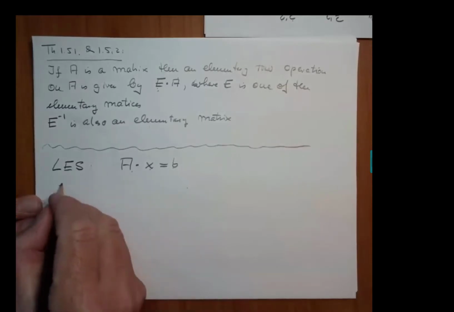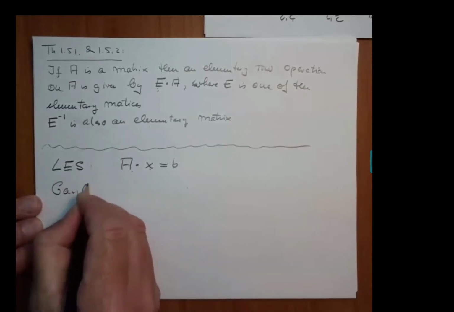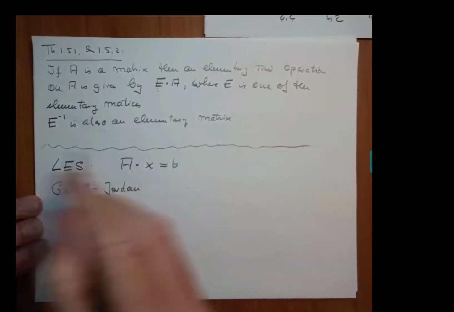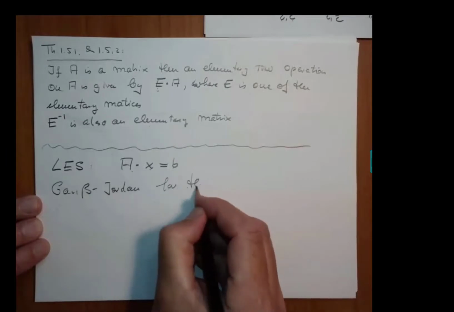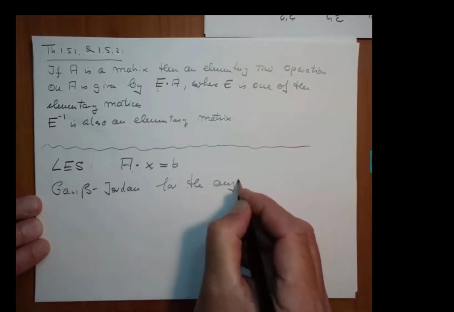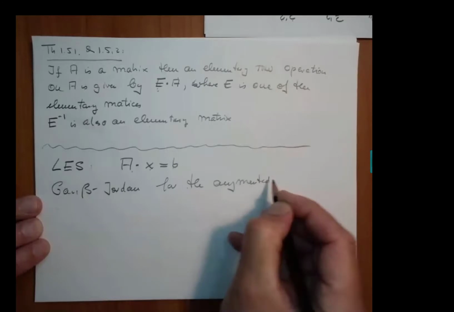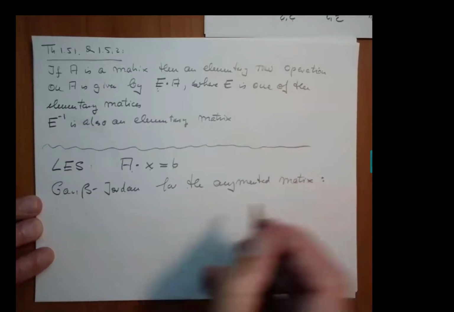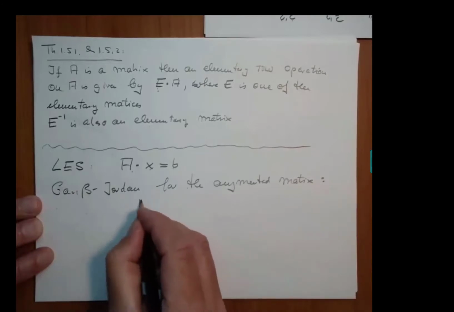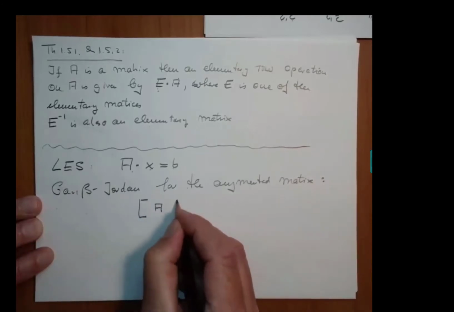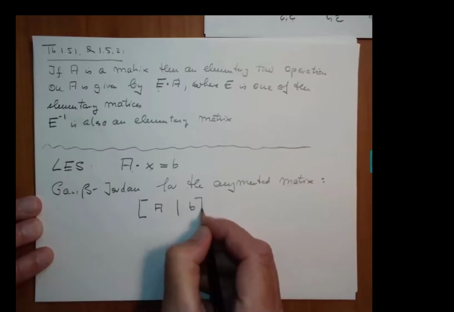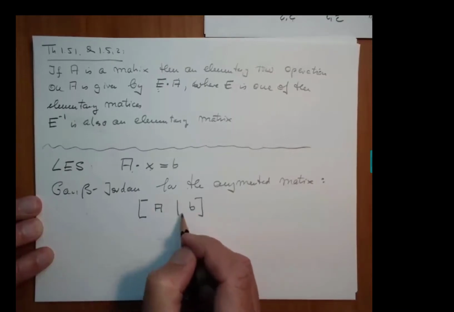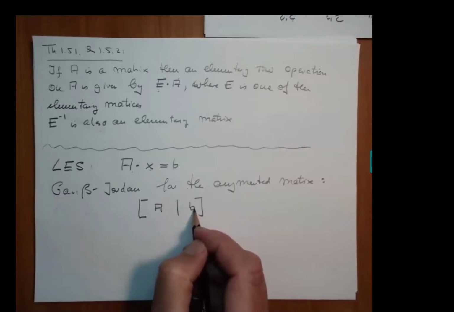Now we use the Gauss-Jordan algorithm for the augmented matrix. So until now, what we do is we make the augmented matrix. We make A slash B. So this is our augmented matrix. We might put a slash here to indicate this is our right-hand side.